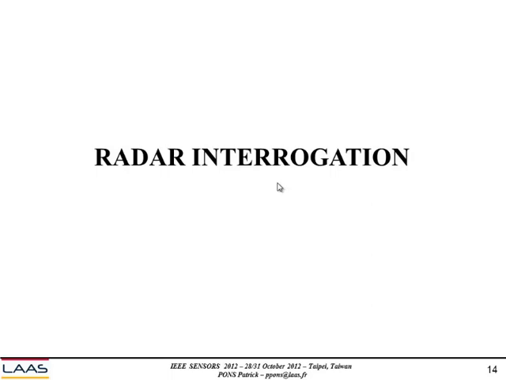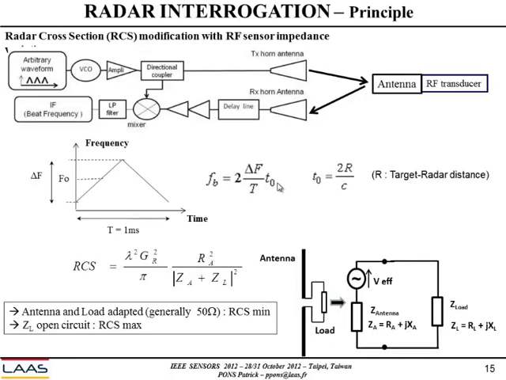Now, how we have done the interrogation with the radar. Here you have the schematic of the radar we use. Here it's a waveform generated like this. We change with time the frequency within a given band, with the central frequency.